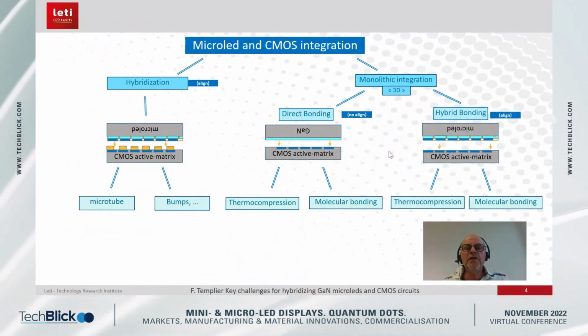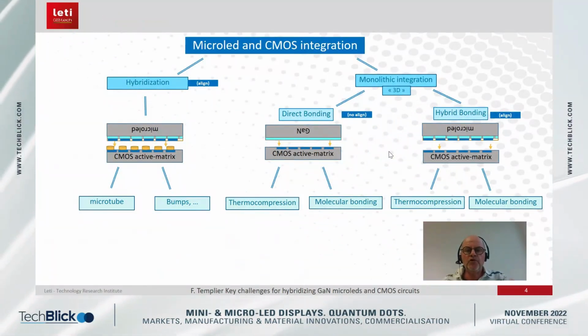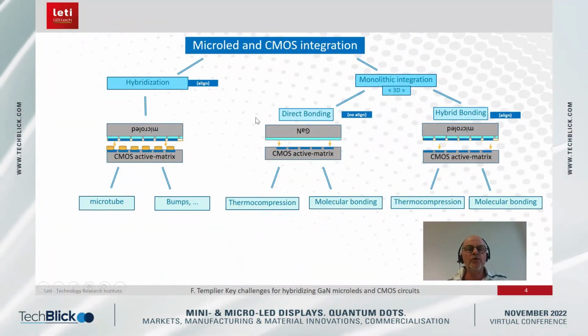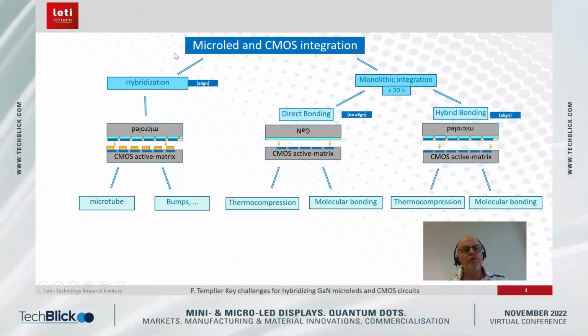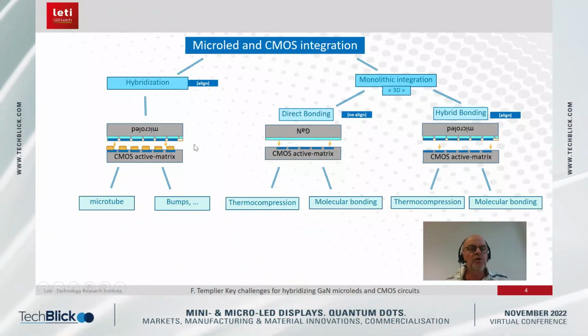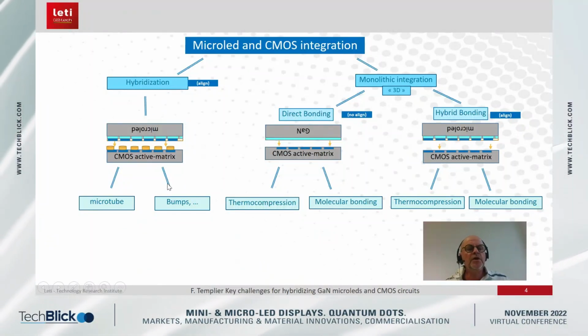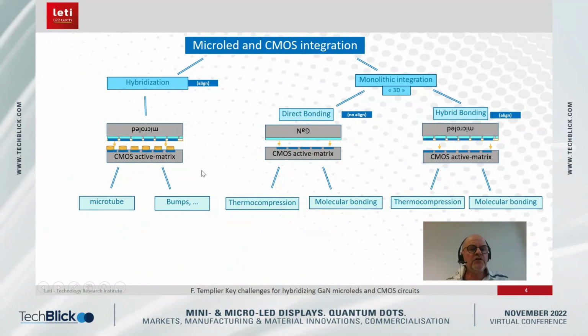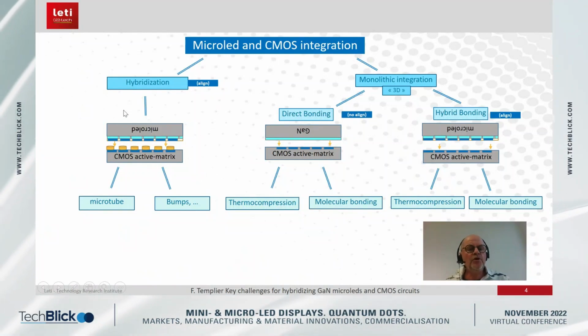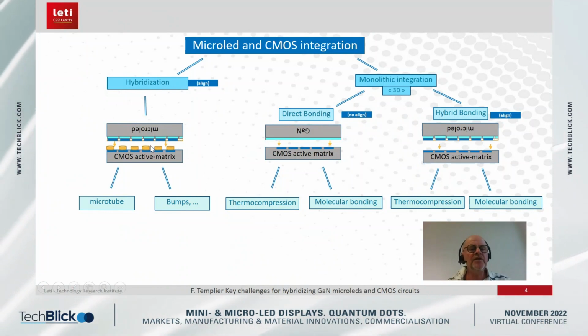So you can see here a tree where we can summarize all the approaches. The straightforward approach to couple a micro LED array and CMOS integration is to use what we call hybridization, using bumps and so on. We fabricate the two parts separately and couple them using additional metal parts.